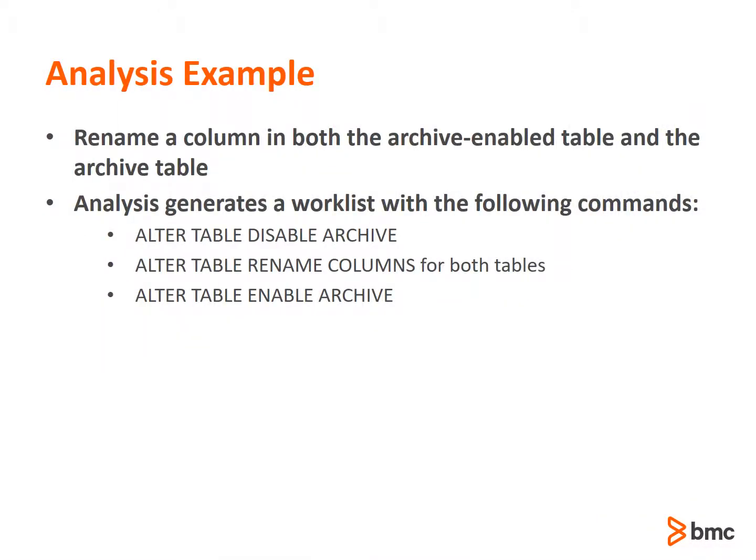In this example, I wanted to rename a column in both the archive-enabled table and the archive table. However, DB2 will not let me do an alter table rename column if the column is in an archive table or an archive-enabled table. Analysis solves the problem by first disabling the archive, then doing the alter table rename column SQL commands, and then enabling the archive.